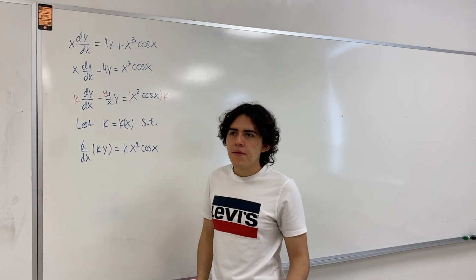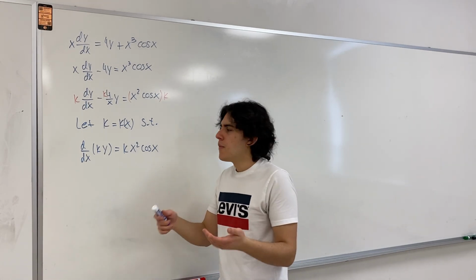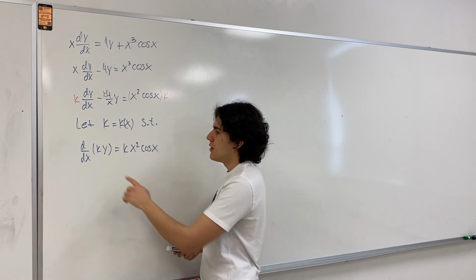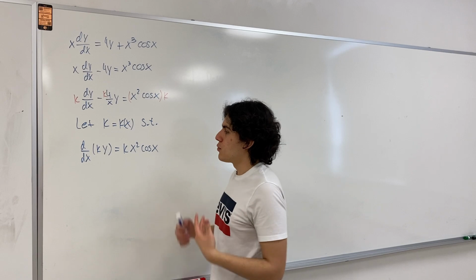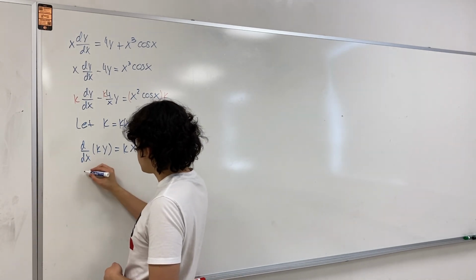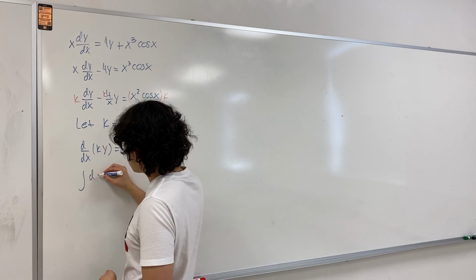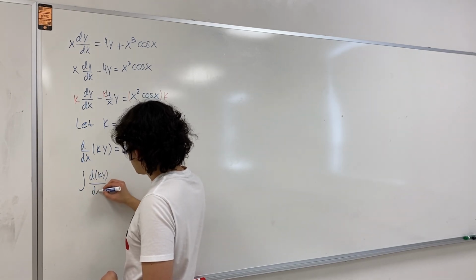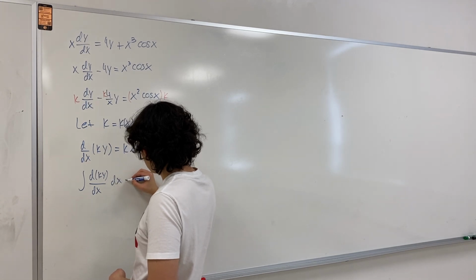Now, if this is the first time you see this method, you may think that I just pulled this out of thin air and wonder how this is going to work. Well, let me show you. We want to find a k that satisfies this equation because we can do something pretty smart. We can integrate both sides of this equation with respect to x. So we can take the integral of the derivative of ky with respect to x.